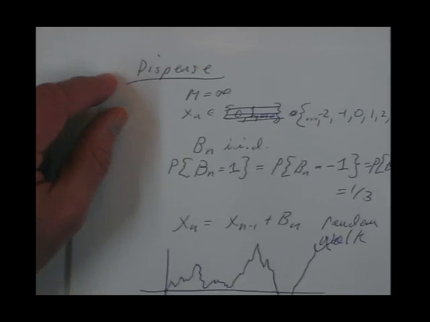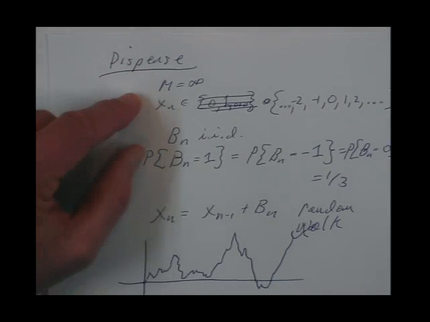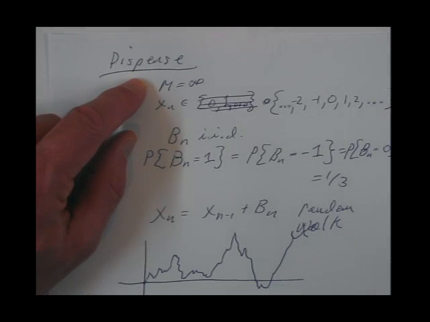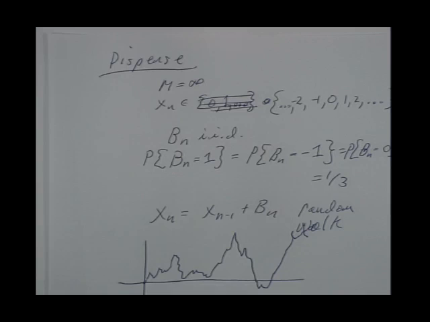So there's only one other thing to worry about, and that's the idea of dispersing. The whole concept of the dispersal of the probability is that you have an infinite number of states. So if you have an infinite number of states, there's an infinite amount of space to spread the peanut butter, right?